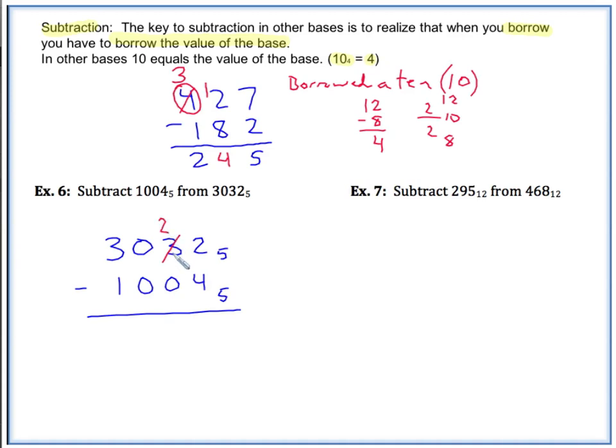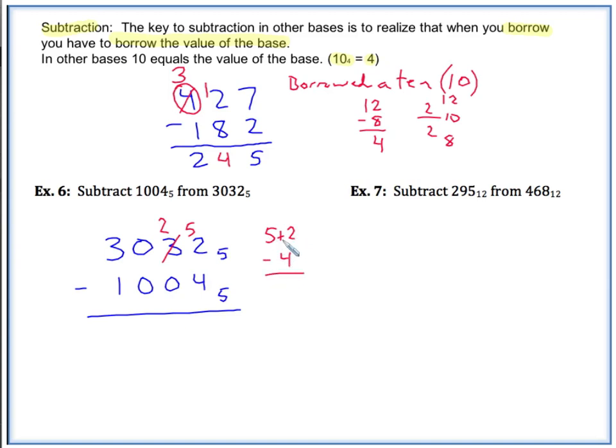Now here is the trick. I'm not just going to write a 1 right there, because in our mind we don't think of the 1 as being a base 5, but instead we're going to borrow the value of the base. Well, the base is 5, so I'm going to write a 5 right here. And what I'm going to think is 5 plus 2 minus 4.